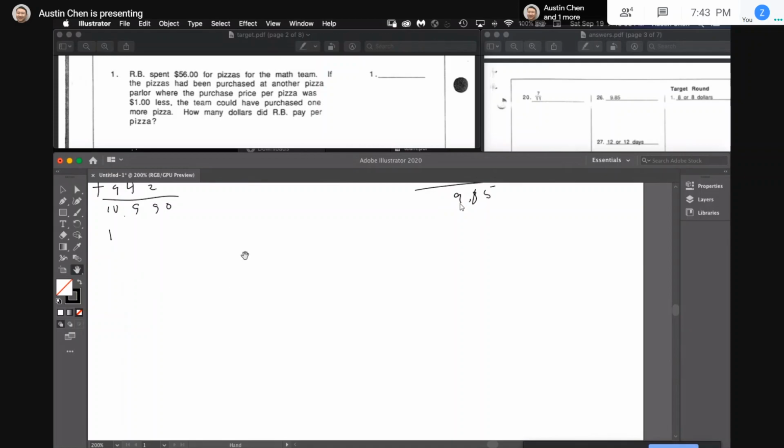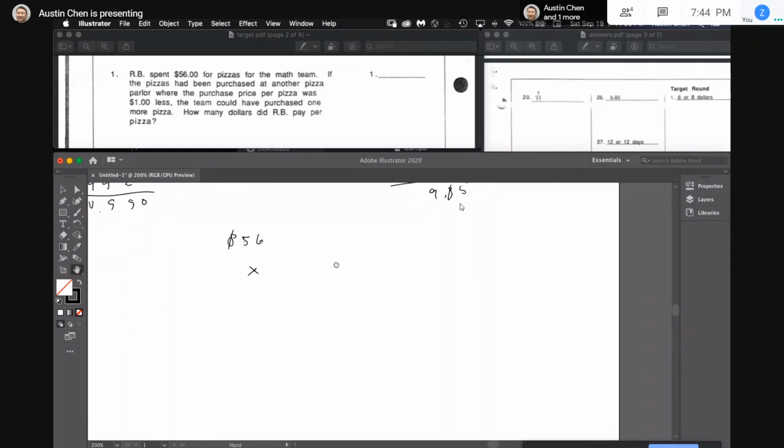Okay, so initially, RB spent $56 for pizzas. Let's just call it some X amount of pizzas. Now, we have a new thing, and the price per pizza is $1 less.